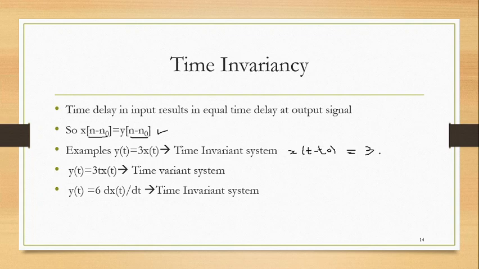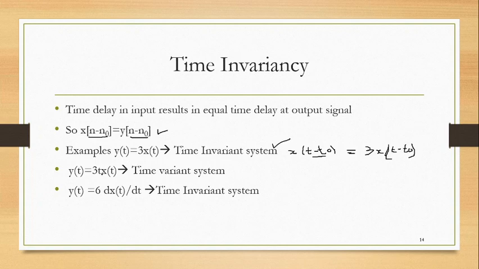The output is also shifted by t naught, as you can have a look. So this will be t minus t naught. So you can say the shift in input is equal to the shift in output. So this system is a time invariant system.